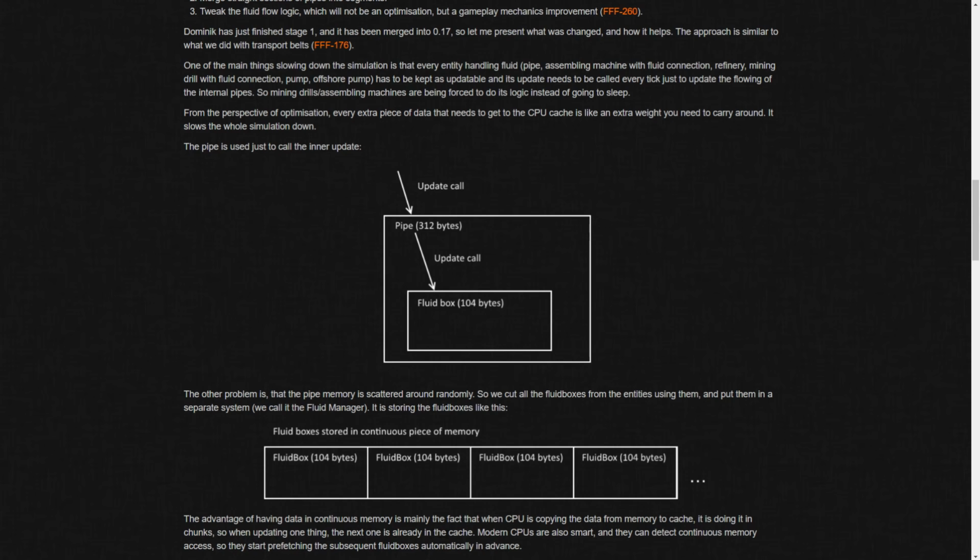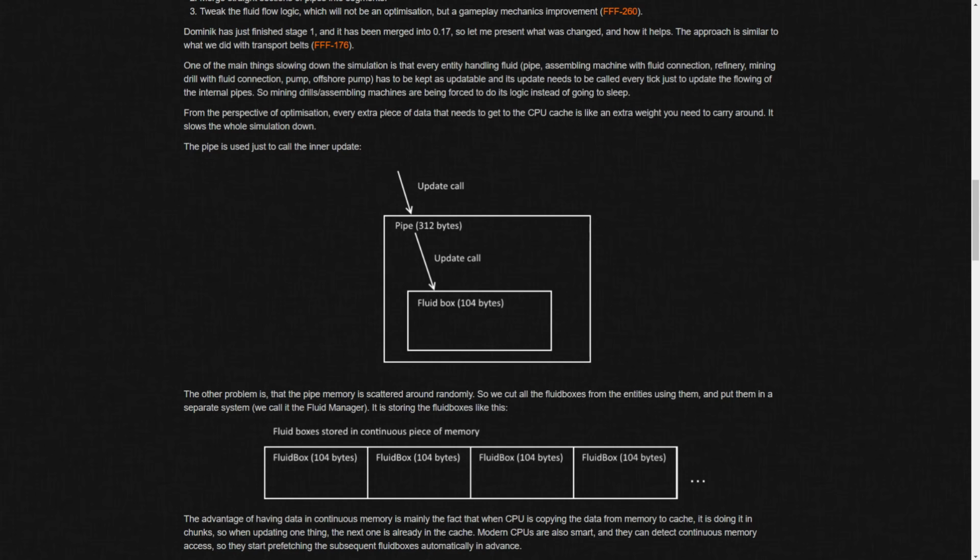So when they go to update every single fluid box, every single pipe, every single assembly machine that has to handle fluids, they hit this first one, and in doing so, because of the way caching works, the next one was already pulled into the cache because it's in the same block of memory as the first one. Right. So overall, just a lot smoother, a lot faster, a lot more efficient.